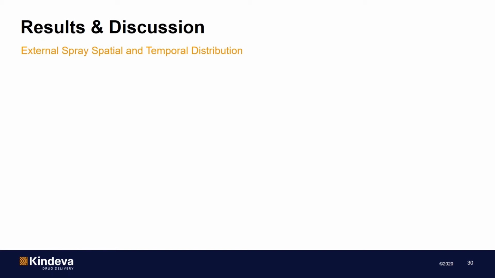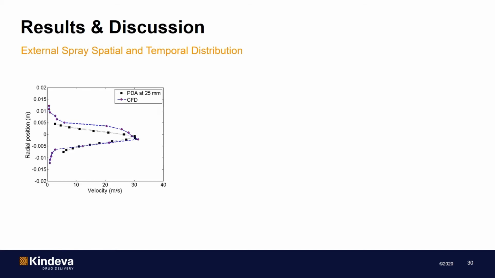However, we believe the comparison should give us a good understanding of the order of magnitude and validity of the model. The first figure shows the spray velocity magnitude at various radial positions at 25 millimeters away from the spray orifice. There is great agreement between the model predictions and our measurements. Both velocity profiles capture the Gaussian distribution very well.